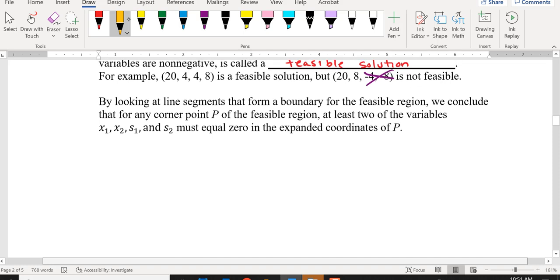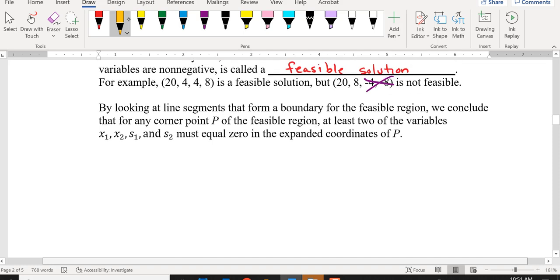For any corner point of the feasible region, at least two of the variables must equal 0 in the expanded coordinates of P. So when you have your quadruplet, two of them have to be 0. The trick is finding which two it should be.